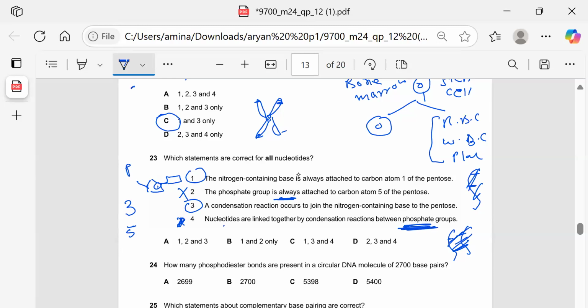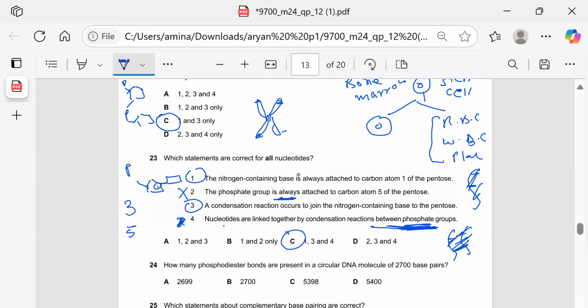So it comes like this, phosphate, and over here, phosphate. So yes, we can say that the condensation is happening between sugar and phosphate, but the nucleotides are linked together by the phosphate group. Yes. Okay. So my answer for 23 is going to be C. Yes, 1, 3, and 4.